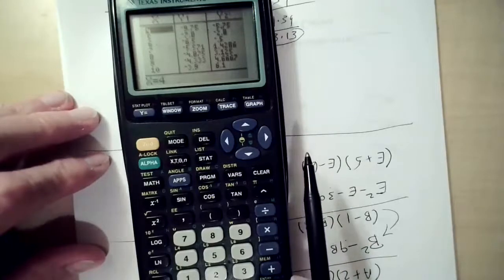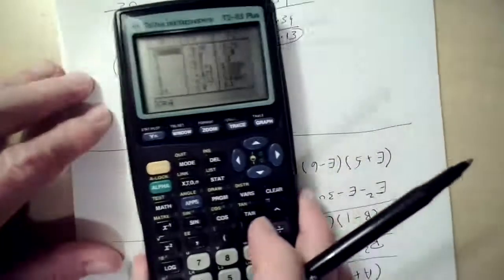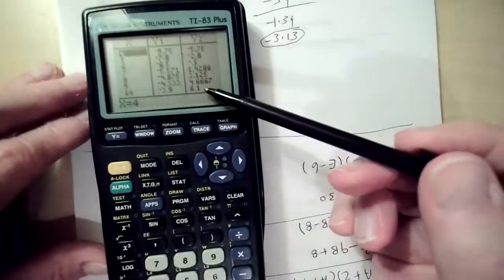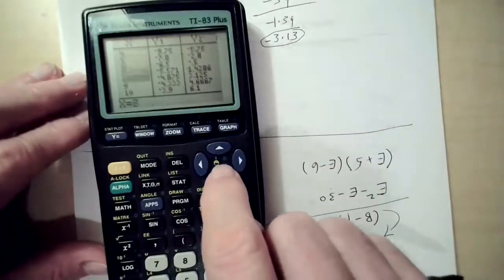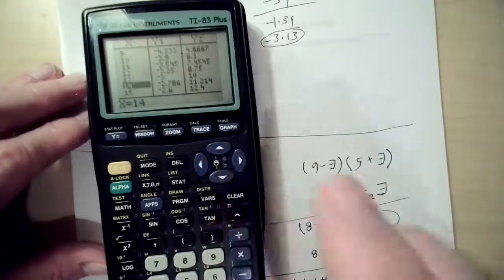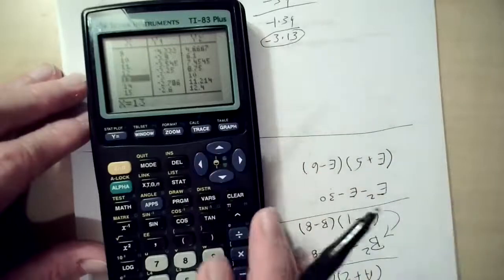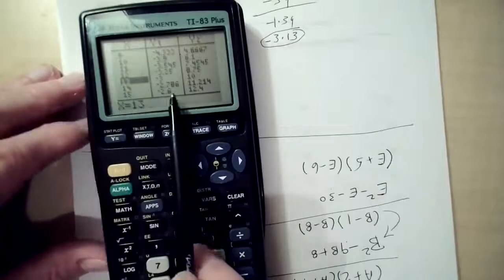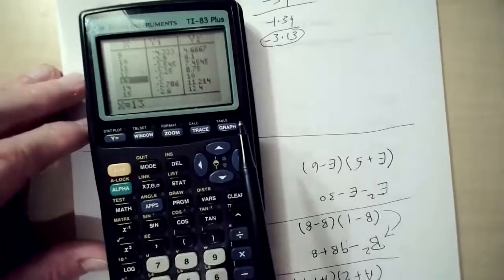And if you look, what we want is we want them to add up to a positive 10. So what we want to do is look over here in y sub 2. We want to look for 10. So you arrow down. Let's see. There it is. Nope, not that one. That one. 13, and this says 13 if you can't read it, and negative 3.